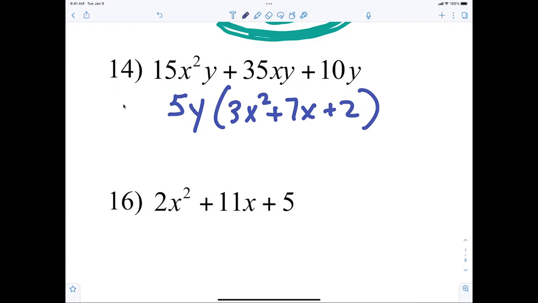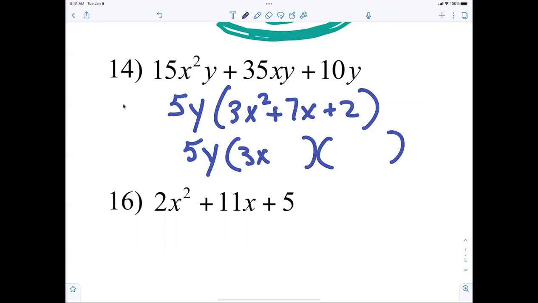Now that one can factor. What do we got for 3x squared? 3x and x. 2 on the right, 1 on the left, plus 4. And once again, he knows that because 1x and 6x makes 7x.